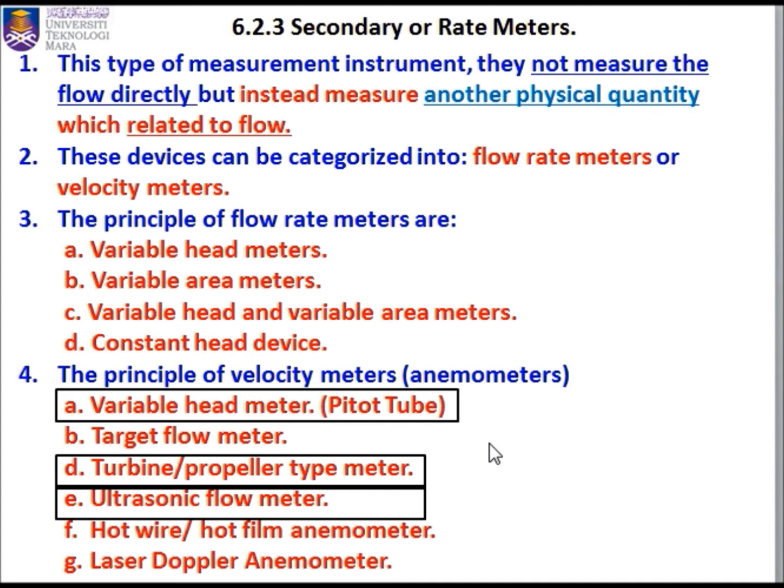The principle of flow rate meters are first variable head meters, second variable area meters, third variable head and variable area meters, and fourth is constant head device. Next, the principle of velocity meters, or we call it anemometers.